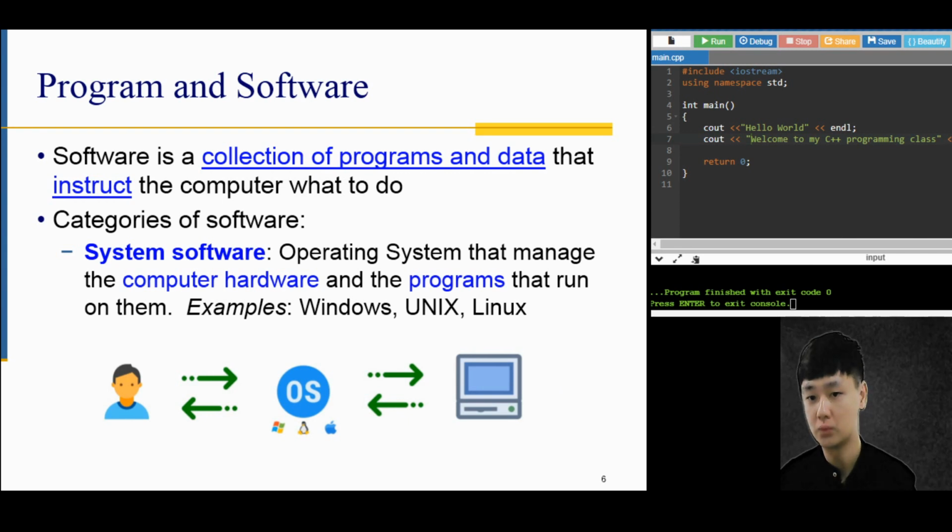The most common operating systems are Windows, Unix, Linux, Apple iOS, Google Android OS, and so on. Besides system software, we have another type of software known as application software.